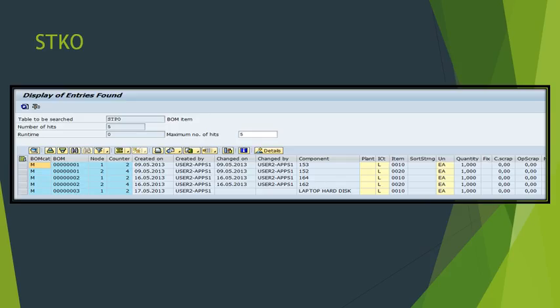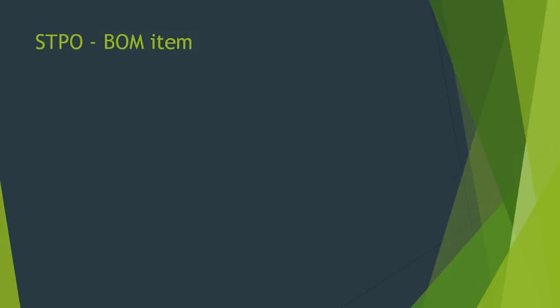Also I can see here what is item category. It is stock item, it is non-stock item, it is document, it is text item, what's the base quantity. So all the header information I can get from the STKO table. Another table is STPO.